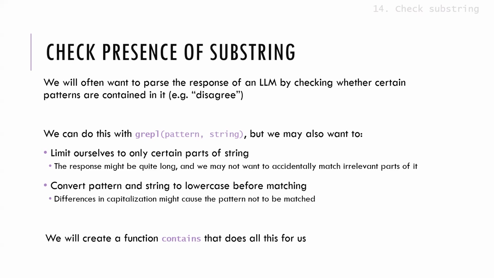So if the response is very long, we may not want to match the later parts of the response. Okay, so that's why we sometimes want to just restrict ourselves to which part of the string we want to match. Okay, and then the second one was that sometimes it might be more convenient to convert everything to, let's say, lowercase, right, before matching. Okay. So that's what the function contains does.